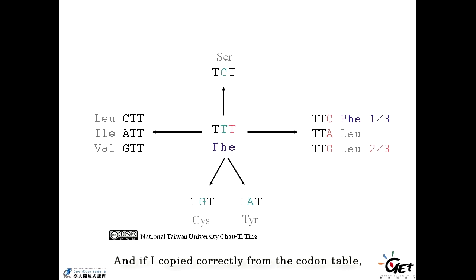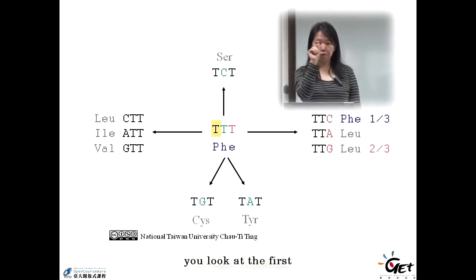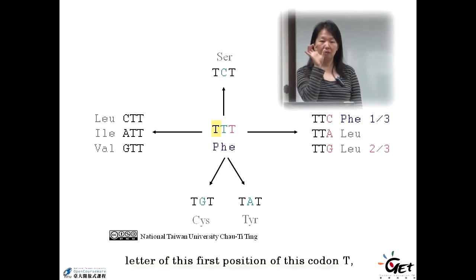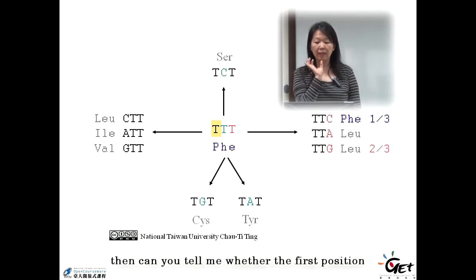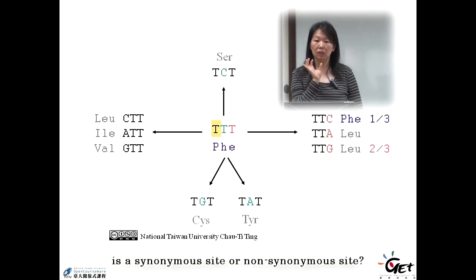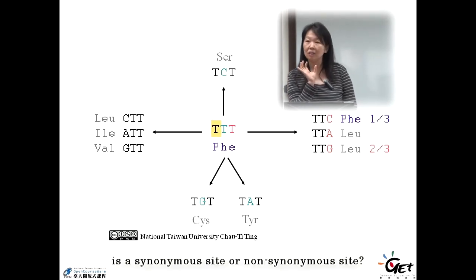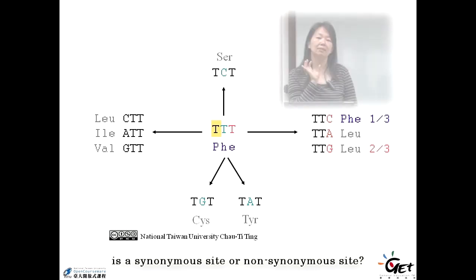If I copied correctly from the codon table, that's the amino acid for each codon. Now, looking at the first position of this codon, T, can you tell me whether the first position is a synonymous site or a non-synonymous site?